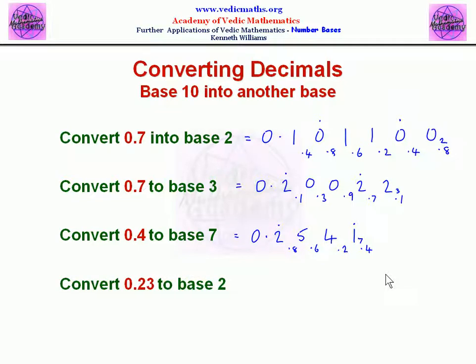Convert 0.23 to base 2. We're going to be multiplying 0.23 by 2.